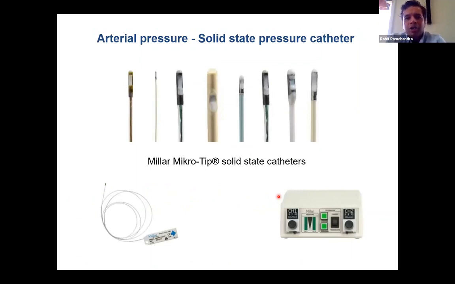There are a large number of these available in a large number of sizes and configurations. The ones that I've used and found quite reliable are the Millar microtip solid-state catheters. And you can see there's a huge variety of them, depending on whether you want to measure arterial pressure in rodents or you want to go up to large animals.